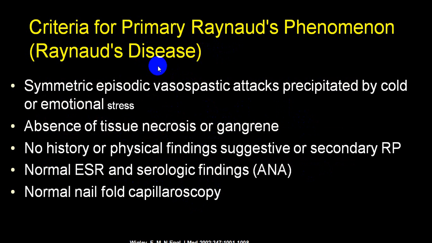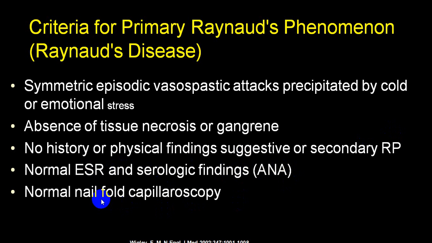Criteria for primary, or we call Raynaud's disease: it is always symmetrical. It is precipitated by exposure to cold or emotional stress. Usually there is no necrosis and no gangrene. There is no clinical history or physical findings suggestive of a secondary etiology for Raynaud's phenomena. There is a normal ESR and serological findings, ANA will be negative.